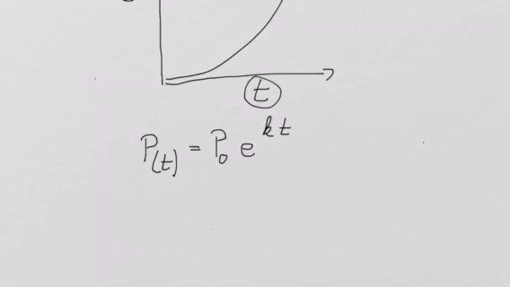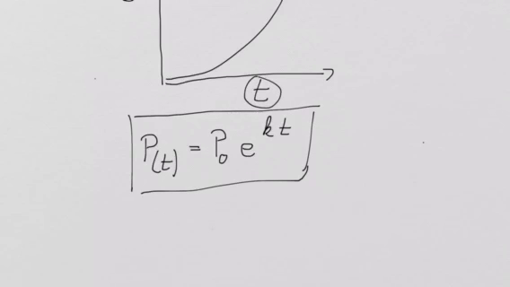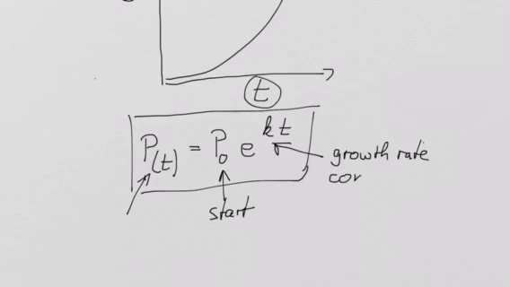And the exponential growth is characterized by this equation here, where we have the population number at a given time equals the starting population, so that's the population at the start time, times e to the power of k times t, and k here is our growth rate, or growth rate constant, I should say.